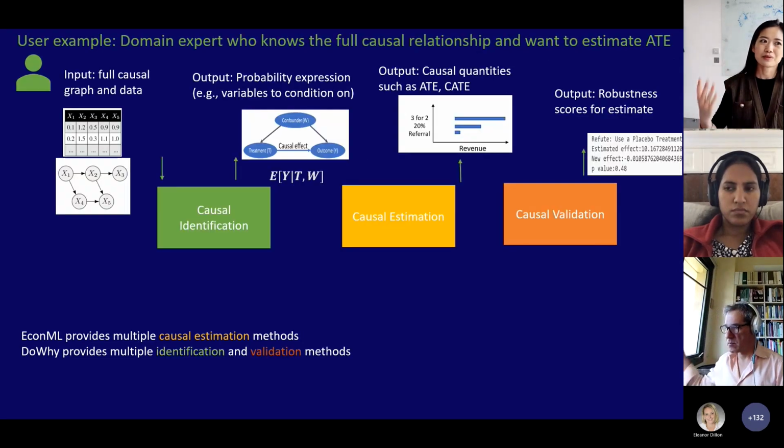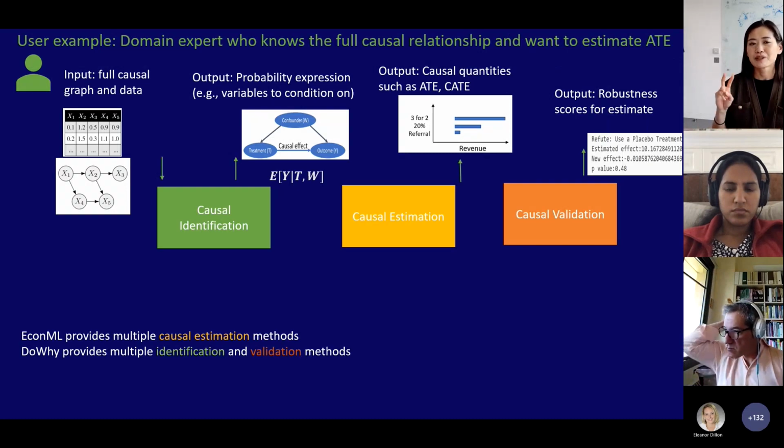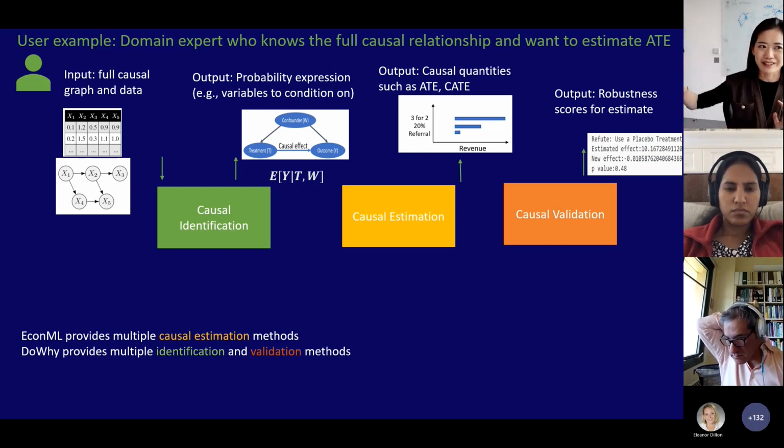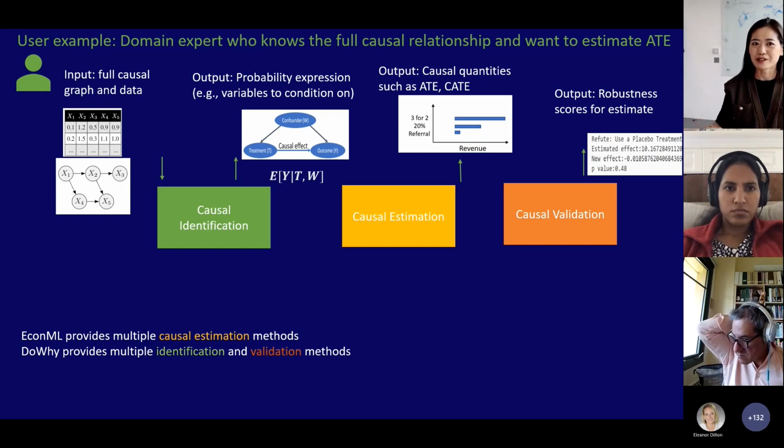With a different group of users, let's say a domain expert, meaning a medical doctor or someone really expert in their own domain, not in machine learning or causality, they potentially know the full causal graph, like which nerve connects to which muscle, leads to which symptom, right?